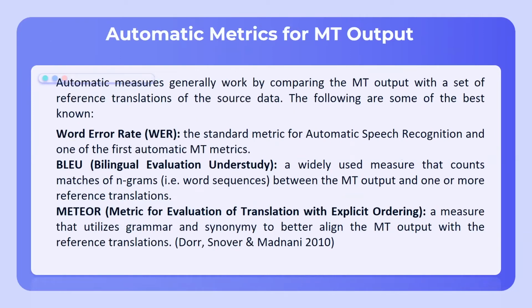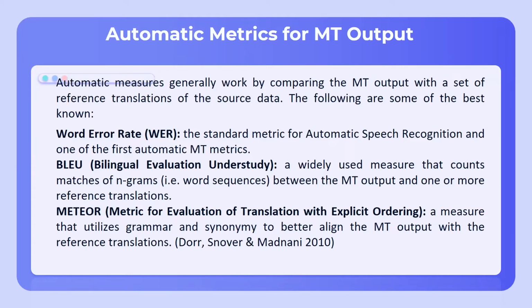So the automatic metrics for MT output generally work by comparing the MT output with a set of reference translations of the source data. The following are some of the best known metrics in this area. The first is word error rate, WER. It is a standard metric for automatic speech recognition and one of the first automatic MT metrics.